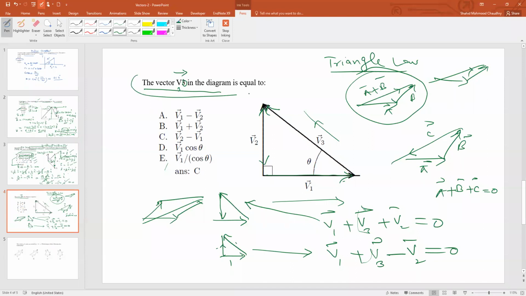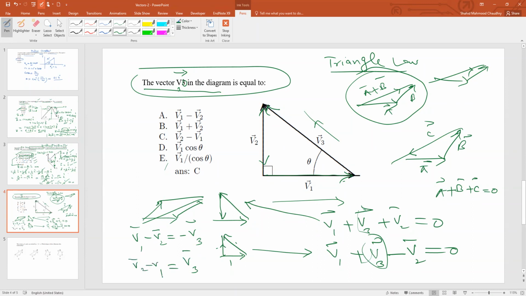So in the question, it is stating that vector V3 in the diagram is equal to what? So V1 minus V2 is equal to minus V3. When this V3 comes to this side, it will become minus. So if we skip this minus, then you will change this one, V2 minus V1. So our answer for V3 will be this one. Understand?